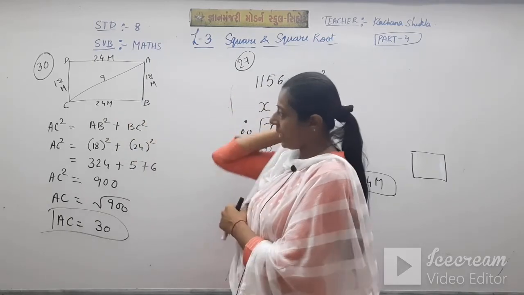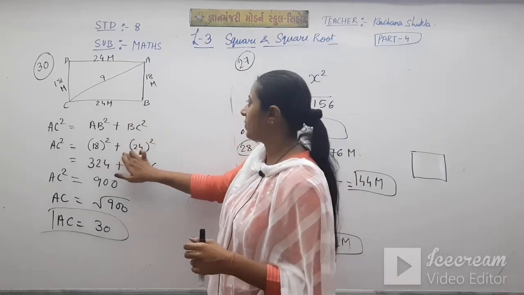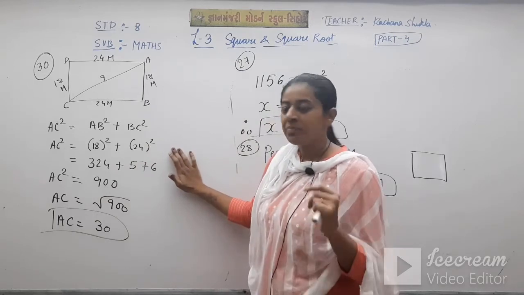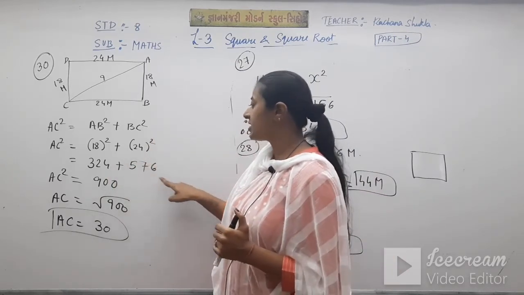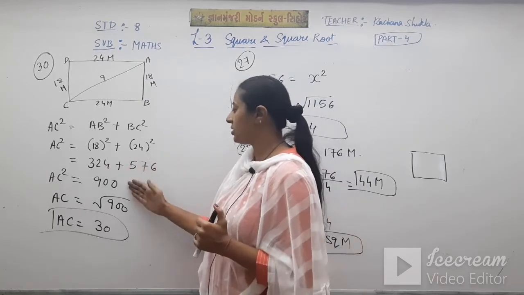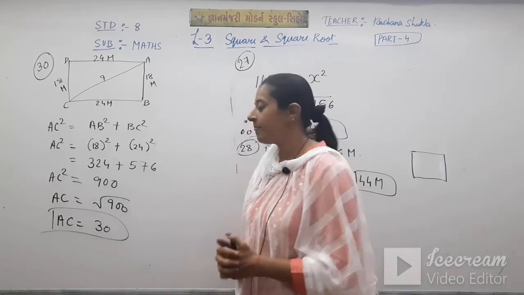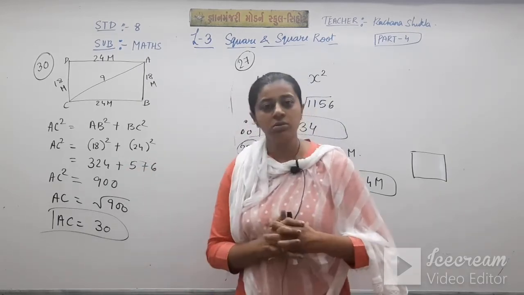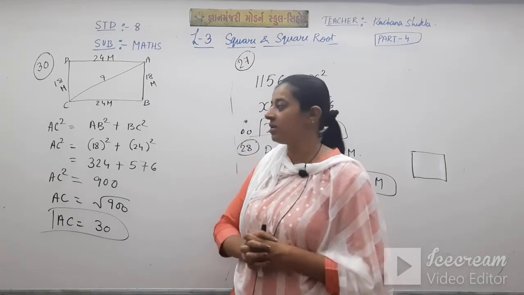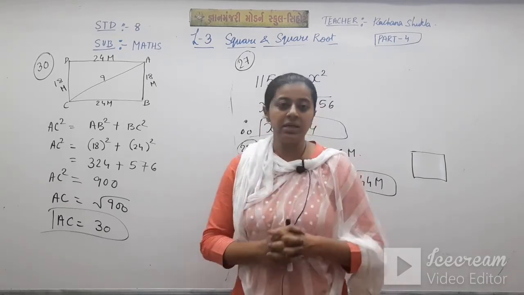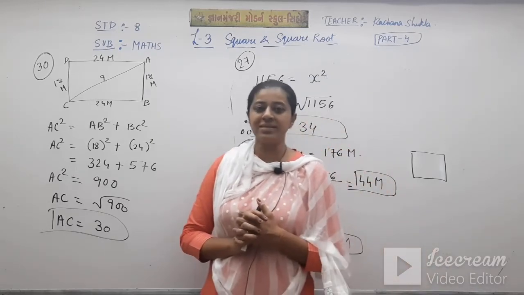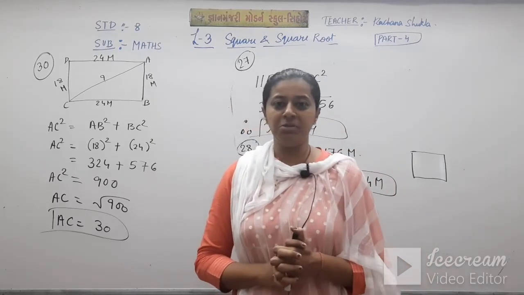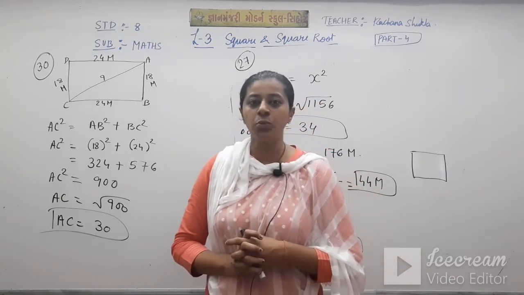So AC square is equal to 18 square plus 24 square. 18 square is 324. 24 square is 576. Add both these, you will get 900. So AC is equal to 30. Root 900 is 30. With this we have completed the problem sums of chapter number 3. Now only last topic is left, and that is estimation, which we will see in the next video.